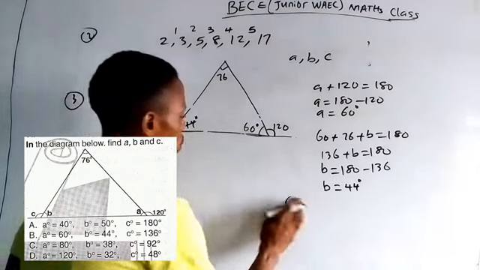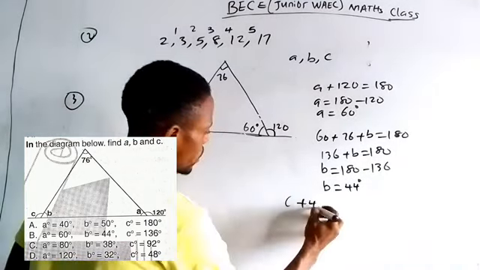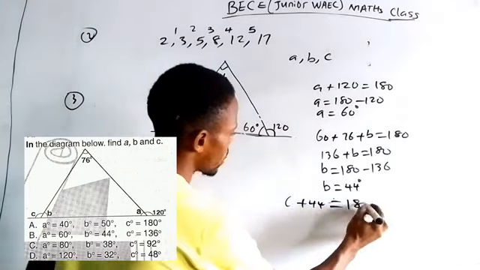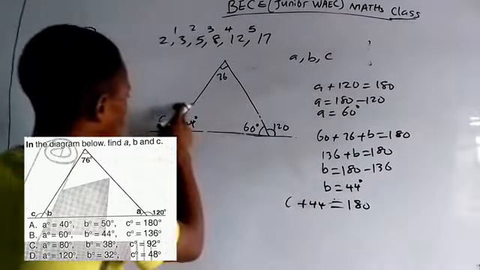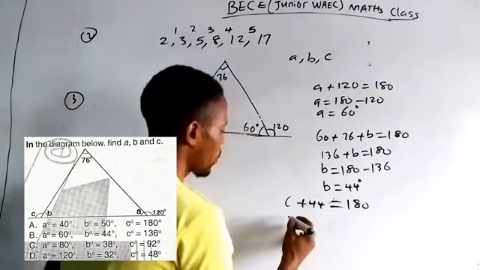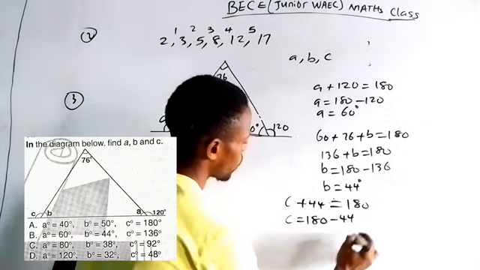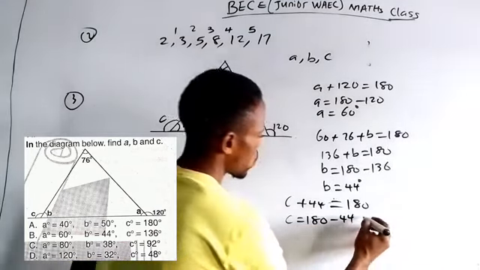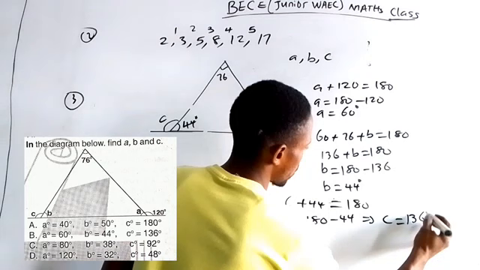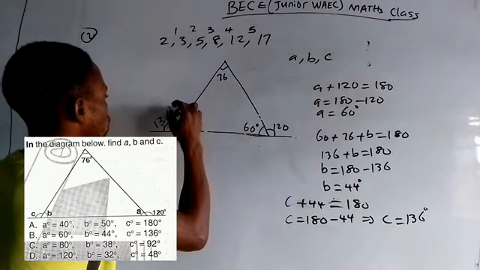So C plus the angle here, which is 44, is equal to 180 because of the sum of the angles on a straight line. So we collect like terms. We have C is equal to 180 minus 44, so therefore our C is 136. So the answer for C here is 136 degrees.